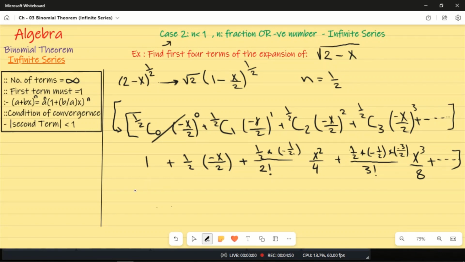Okay, this equals 1 minus x by 4 minus x squared by 32, minus, combining the terms, 3 by 384 cubic x, and the completion of the infinite series.